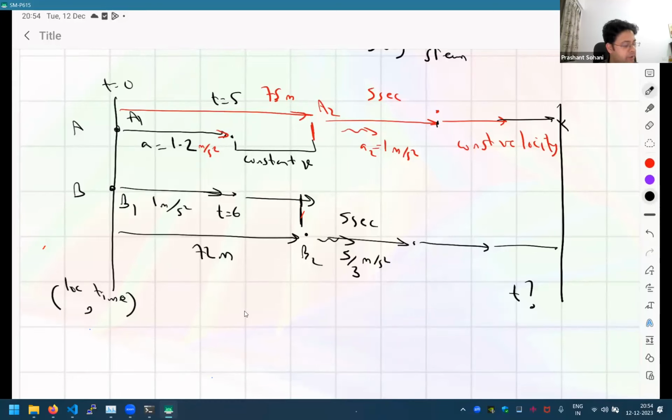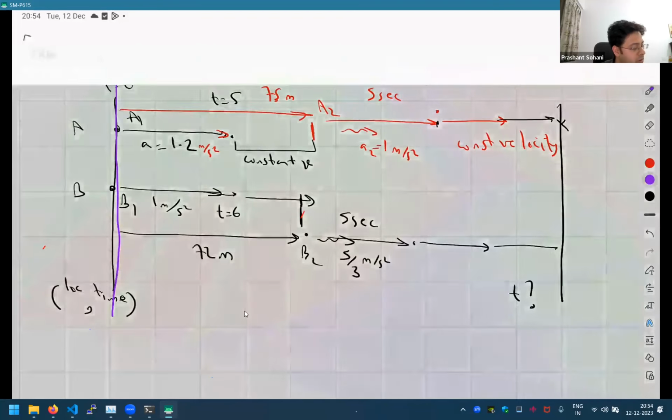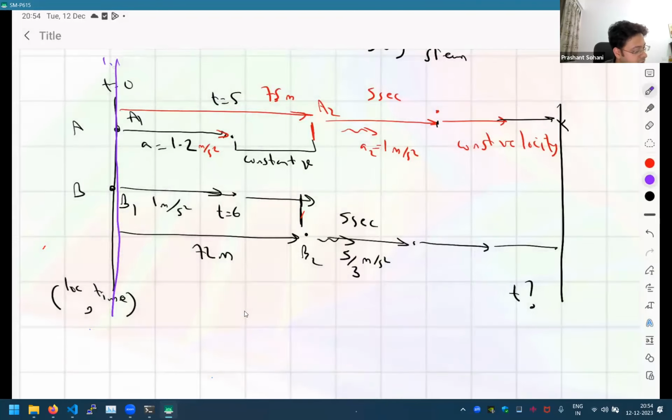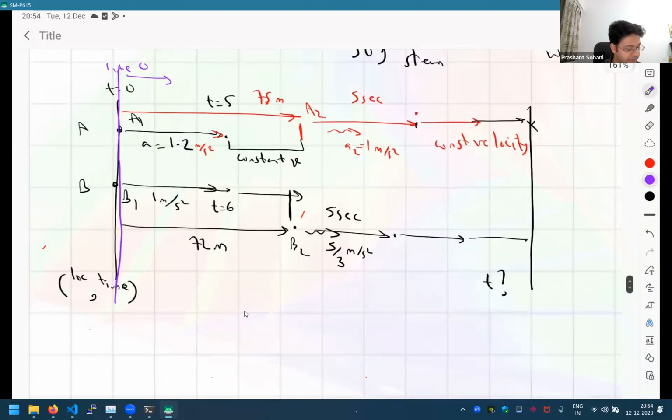For all of these events, I can specify the distance, and always I'm going to measure the distance from this line, like this is my reference line, the line 0, right? So all the distances I'm going to measure from this line, and if I just work it out, I should get the answer. So let us do it.